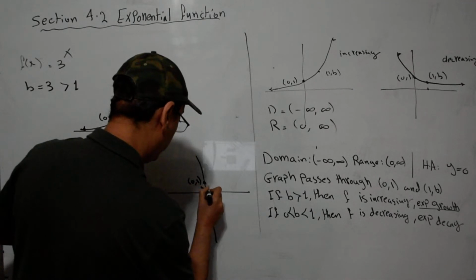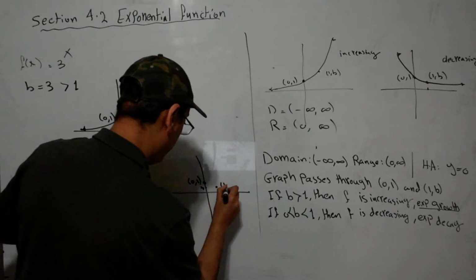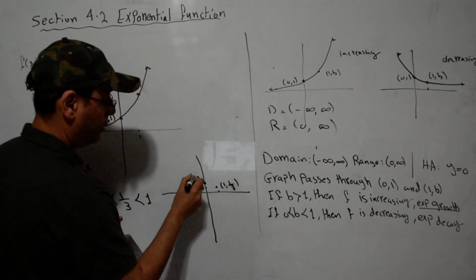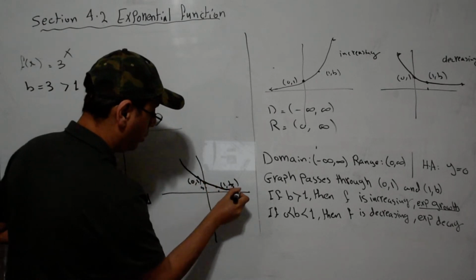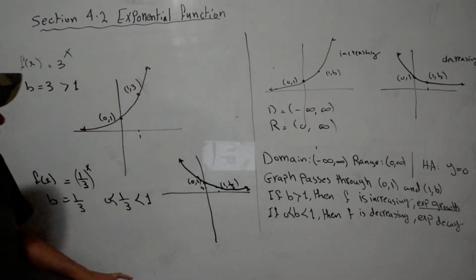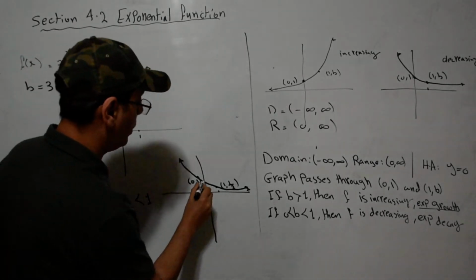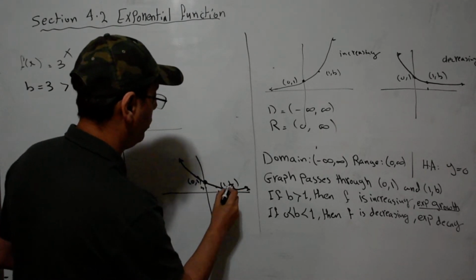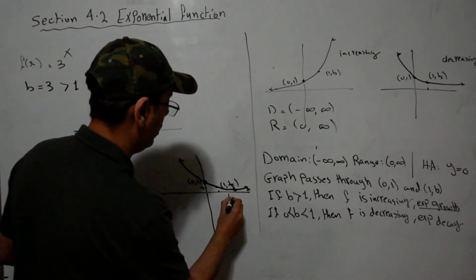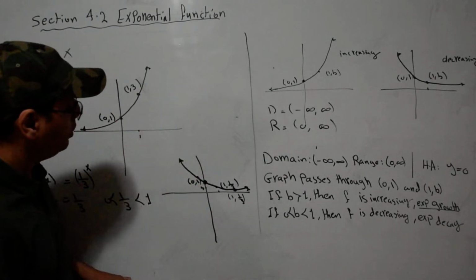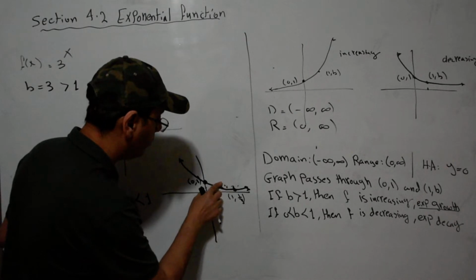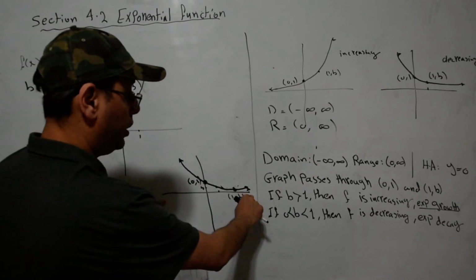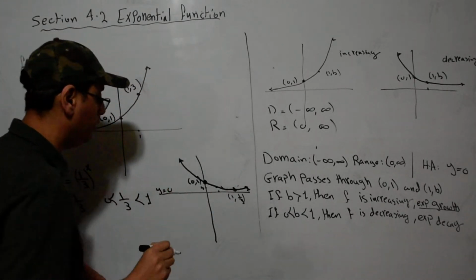So here is (1, 1/3). Because the function is decreasing, it goes this way. Again, it passes through (0, 1) and (1, 1/3). Again, the horizontal asymptote is y equals 0.